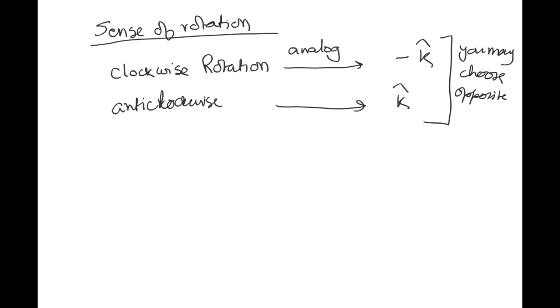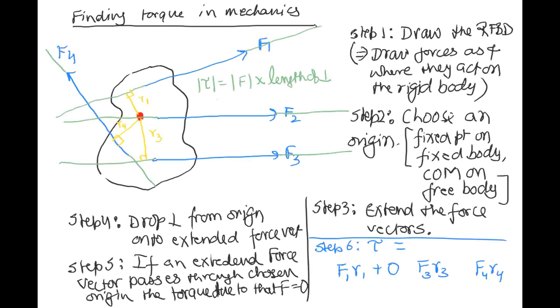So I'm going to come back to this diagram. This is R1. This is F1. And if I want to take the cross product of these two, I've drawn a replica of the R1 vector here.